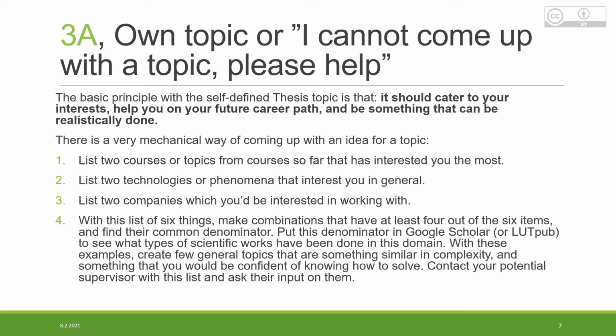At this point, you can already start to contact people or send an email to your potential supervisor to ask if they have any ideas, or if they would be willing to help you generate the actual master's thesis topic from this list of ideas and concepts you are interested in working with.